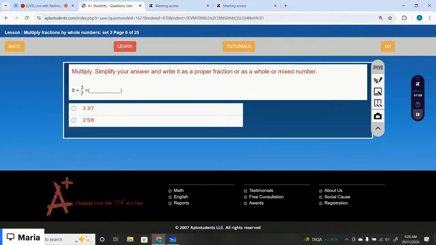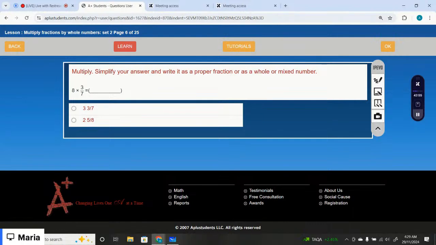8 times 3 by 7, which is the correct option? The correct option is 3 whole 3 over 7.